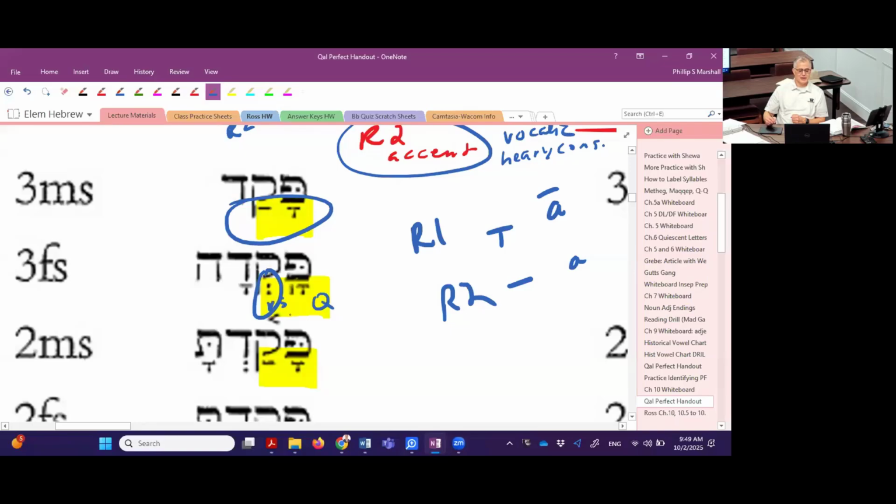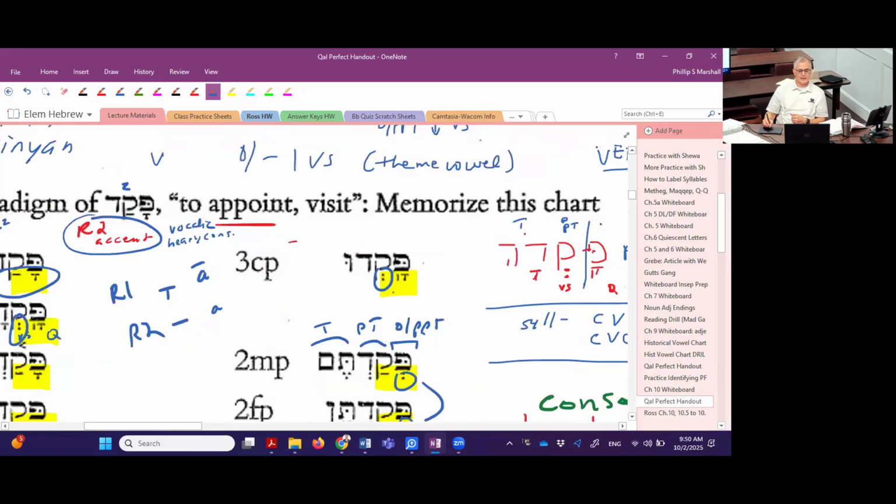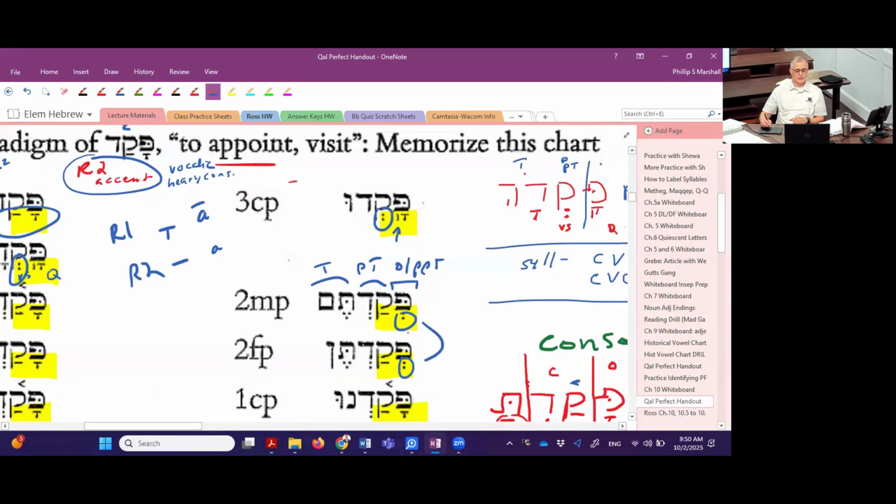But that's a vocal shava. Pa-ka-da. So anytime I see a shava where I have the normal vowel, it's always a vocal shava. Because with these 3FS and 3CP, I've got the metheg to help me pronounce that as A, and the shava is vocal. Pa-ka-do. And of course, the shavas at the beginning of the word are always vocal, right?